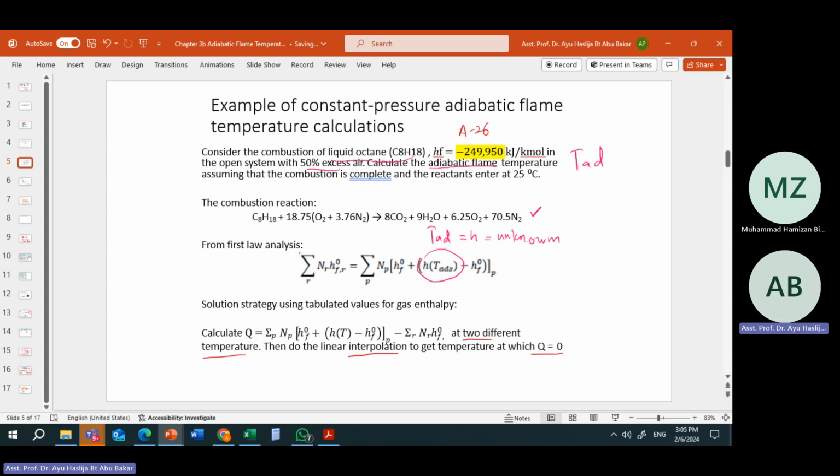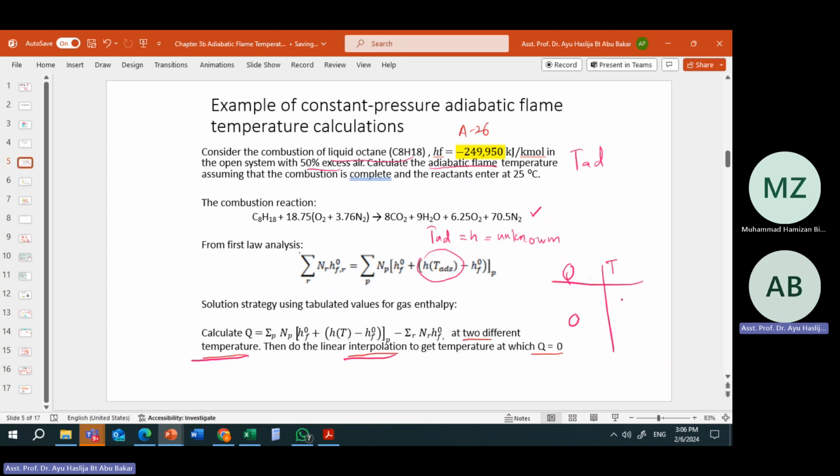Okay, so macam mana nak cari? We will guess the adiabatic temperature. Then we will do the interpolation. Kita akan calculate at two different temperatures, then we do the interpolation. Okay, we know given Q adiabatic is 0.